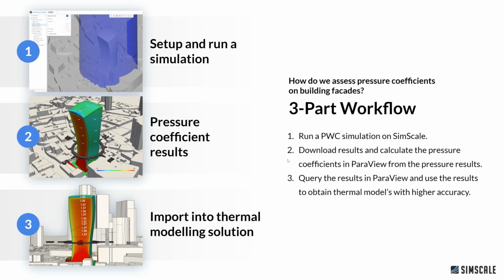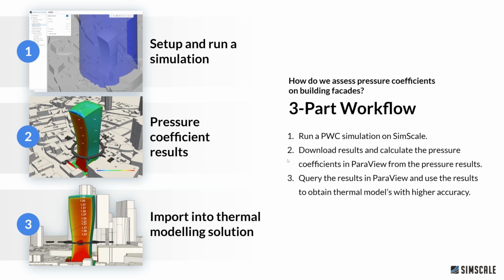Then we're going to take the pressure results and convert them using the equation that Nagman showed earlier into pressure coefficients. And then we can simply query on the surface of your building what these pressure coefficients are and input them back into your model.